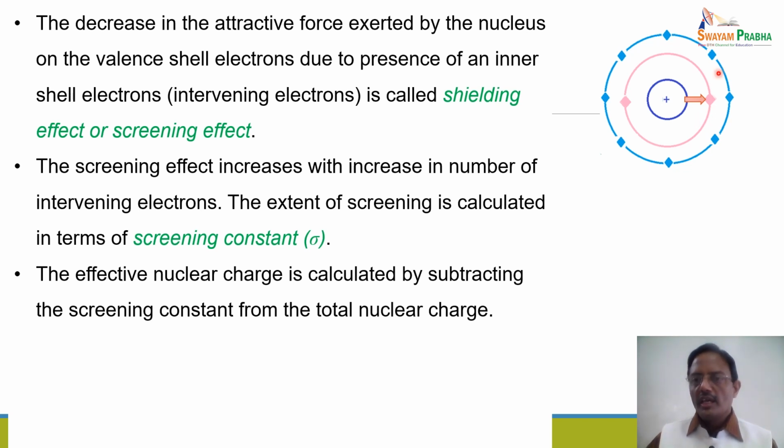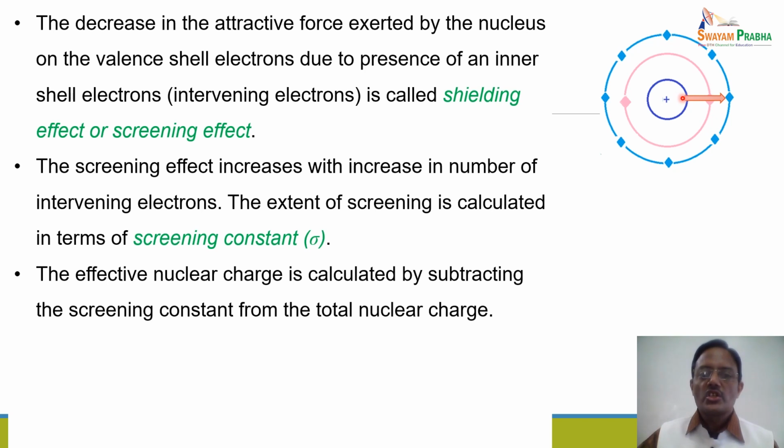But if the electron is present in the second shell, then two things take place. The distance between the nucleus and the electron is increased, and secondly, there are these two electrons in the first shell which are present in between the nucleus and the outermost electron, and hence these two electrons shield the outer electron from the force of the nucleus.